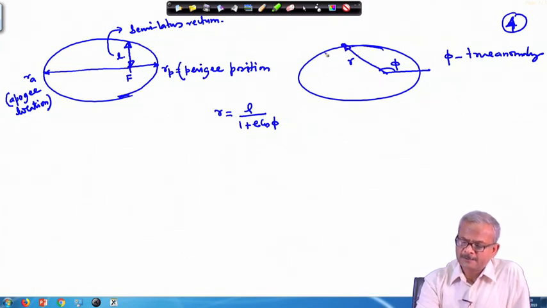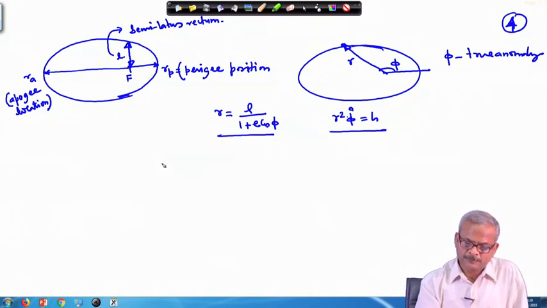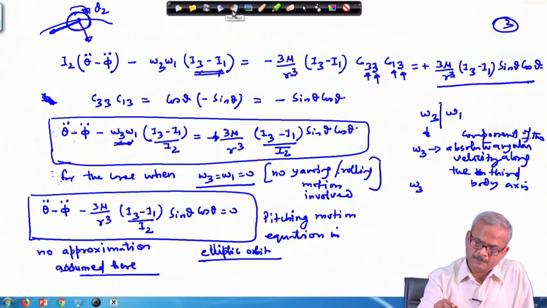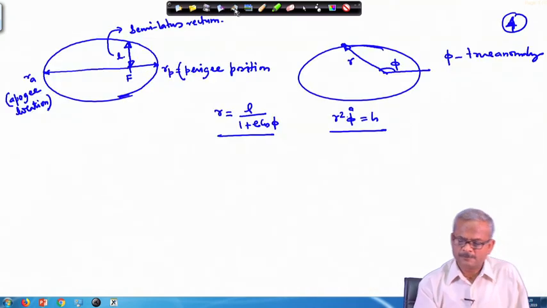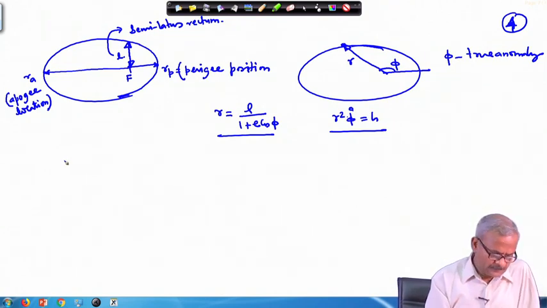In that, the angular momentum is also conserved and it is written as r square phi dot equal to h. So, what we are interested in, we will write the equation we have written here, so that we do not have to refer back again and again.